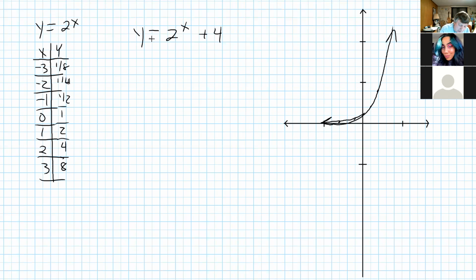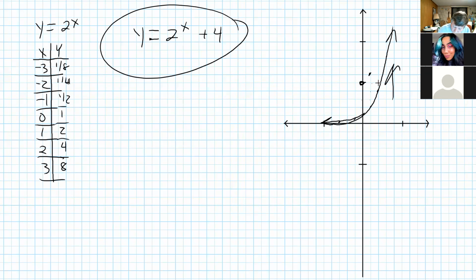Yes. So it's going to move this graph up 4 units. So 1, 2, 3, 4, and so on. So you'd get a graph that would look kind of like that.